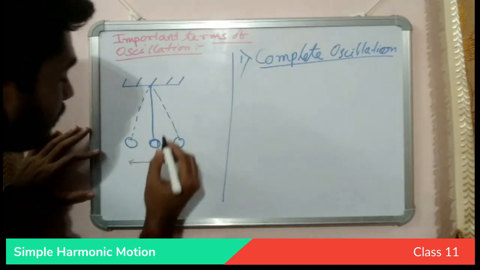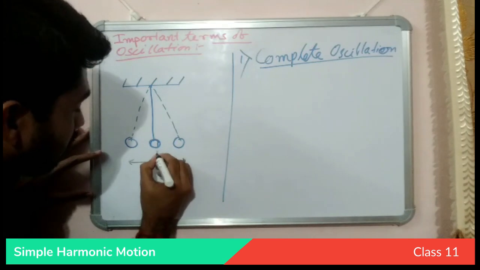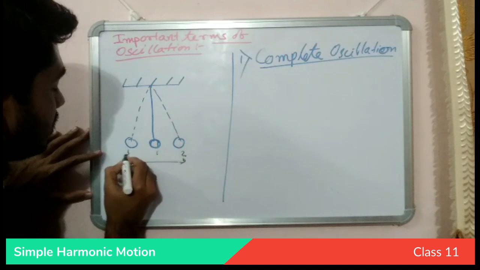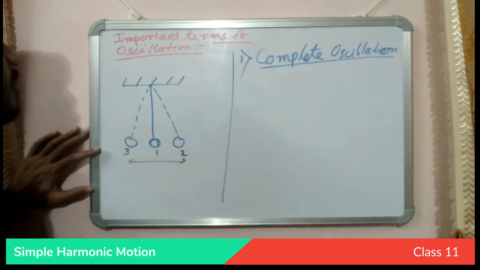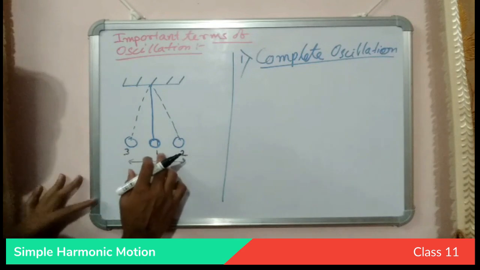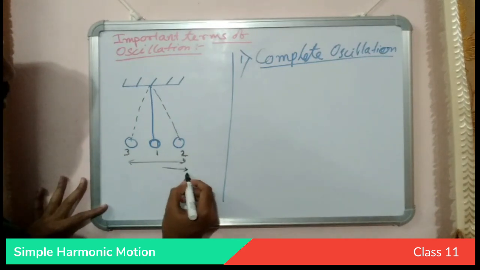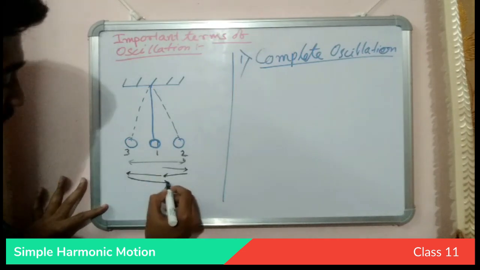At some time, let's denote these positions. This is 1, this is 2, and this is 3. So this is our first position. The pendulum will go from 1 to 2, and again from 2 to 1, and from there again like this.